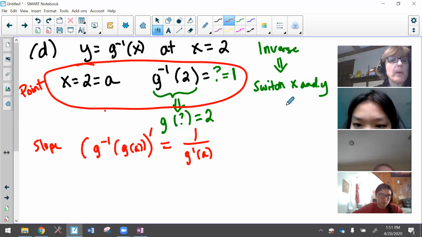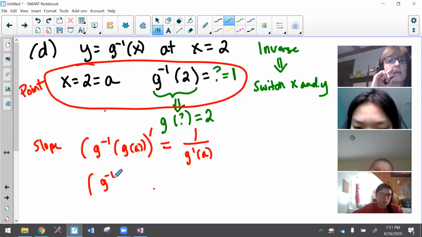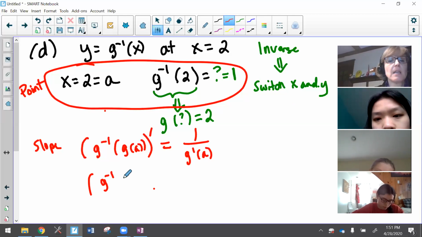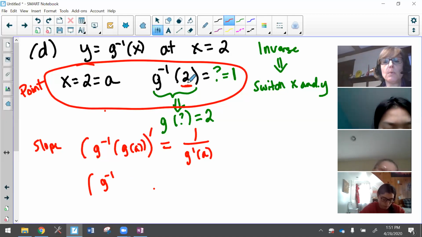So then what we want to do here is take the derivative at 2.